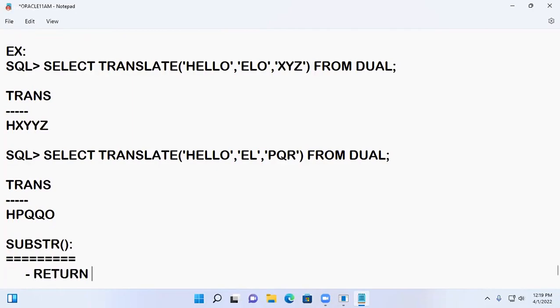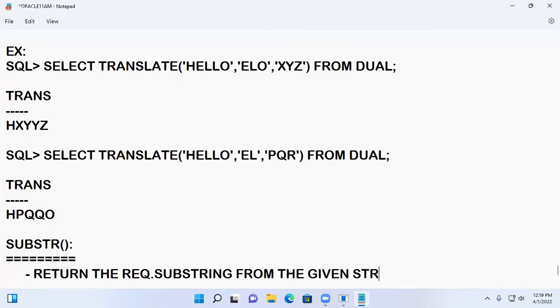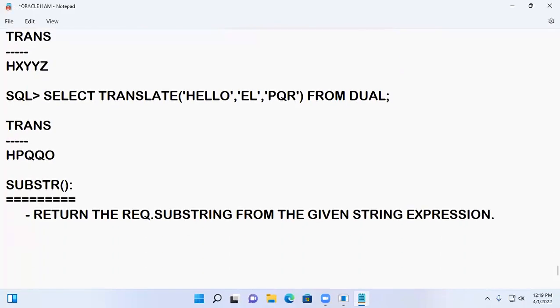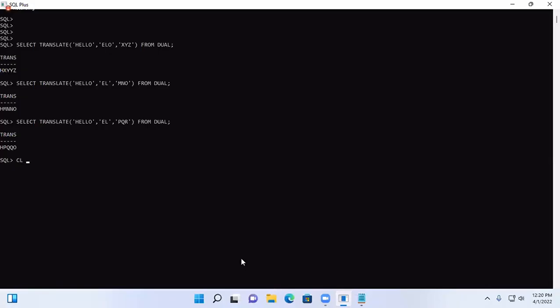It returns the required substring from the given string expression. Okay, right. So come out and see some examples on this.